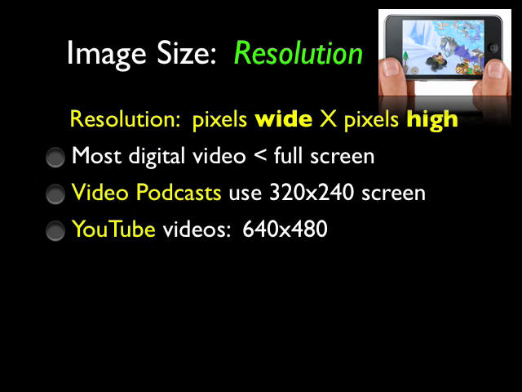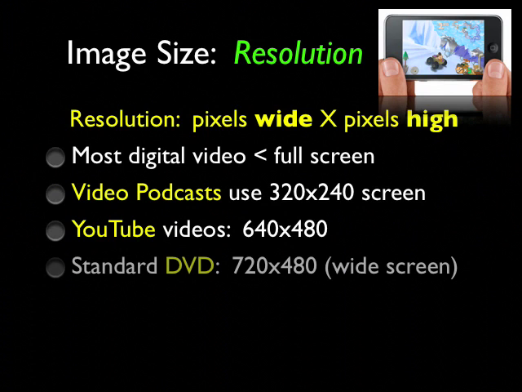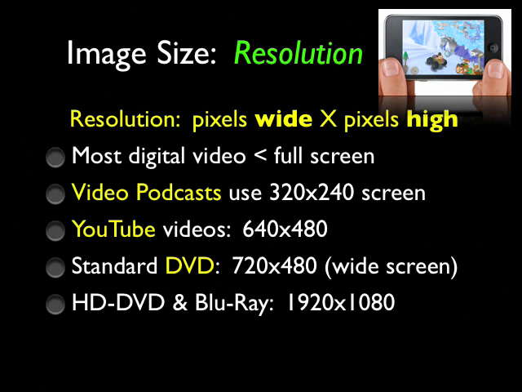A YouTube video standard is double that in each dimension, 640 by 480, and the standard DVD is the same height but a little wider for widescreen. A high-definition format, HD DVD or Blu-ray, is about 2.5 times the resolution in each direction as a standard DVD.